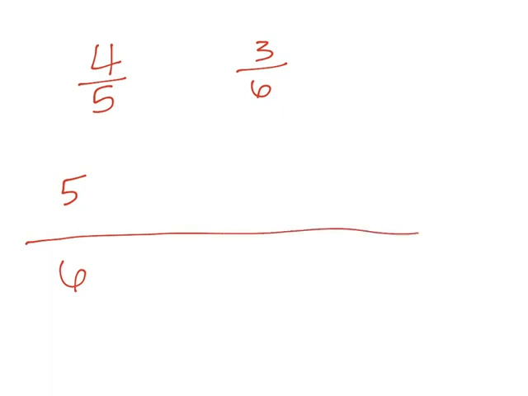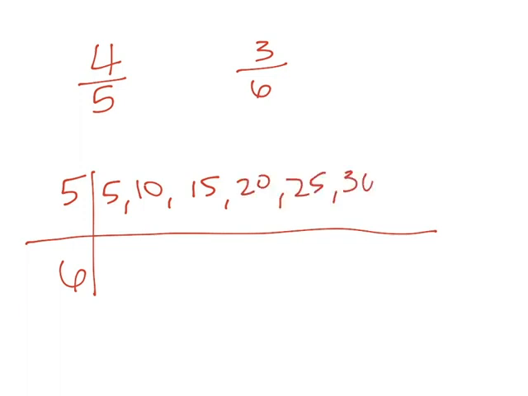All right, let's do another problem so you can get the hang of it. So we have 4/5 and 3/6. Okay, so we need to find the least common multiple for 5 and 6. So I do 5, 10, 15, 20, 25, 30.